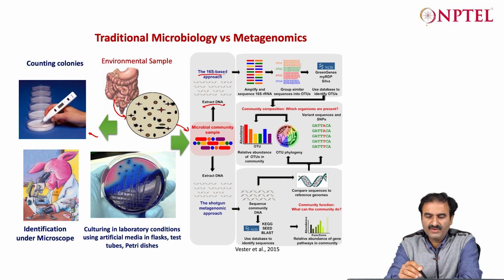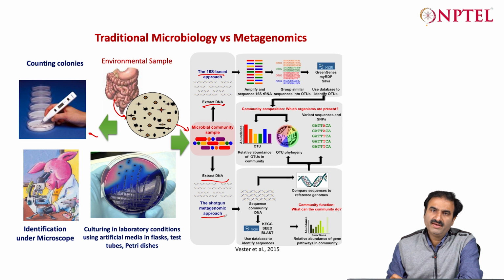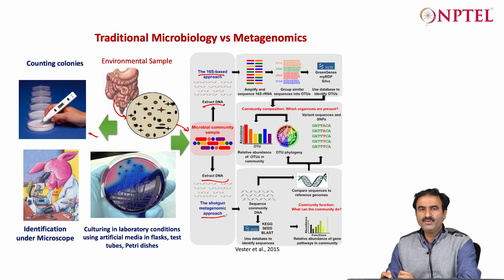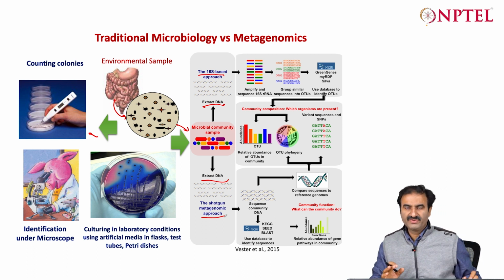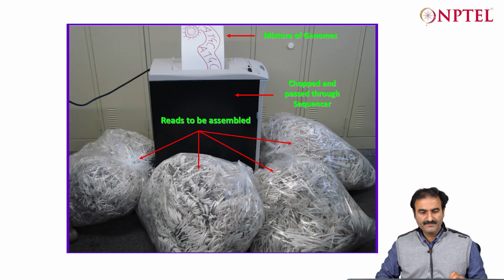It is either analyzed using a 16S based approach, which is more to identify which microbes are there and their respective composition, or we go for direct shotgun based sequencing, where you go for community level genomic analysis, right. Both approaches are used, and we will be dealing with both these approaches in the next two lectures this week.